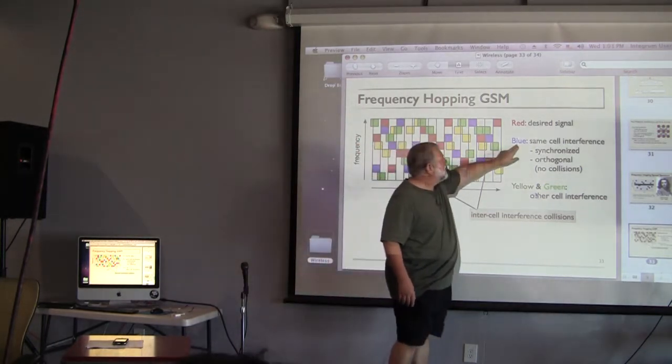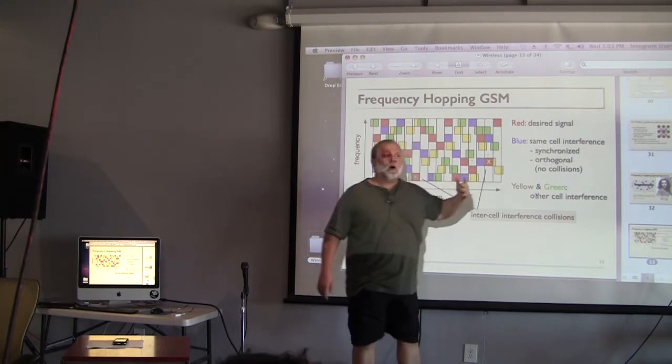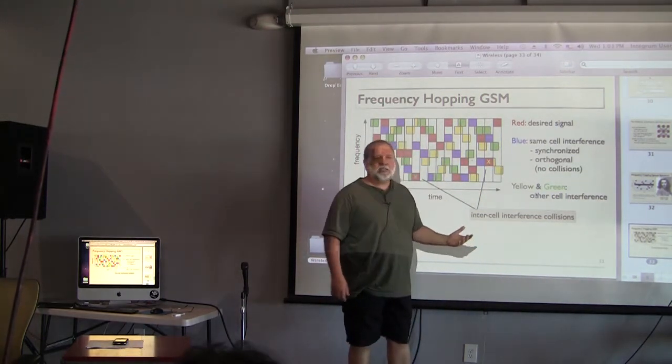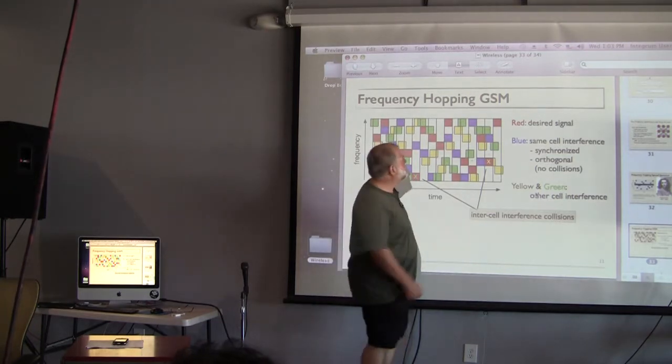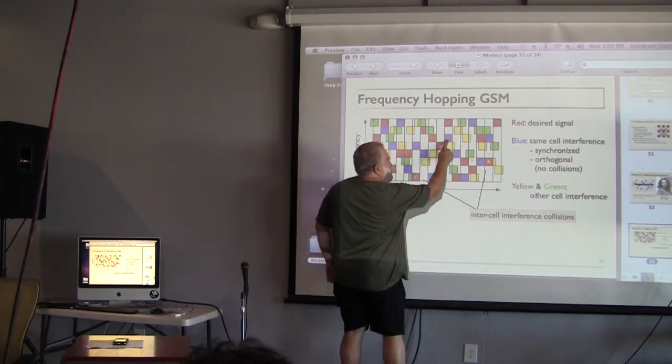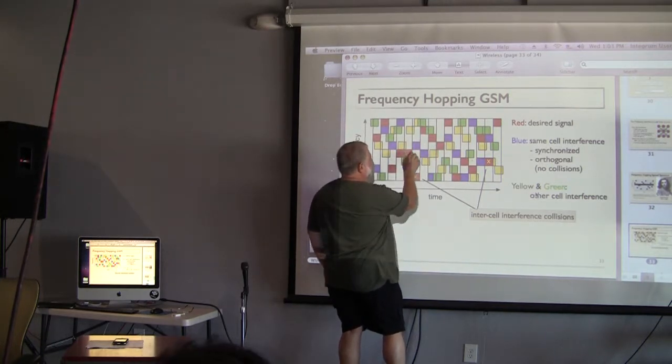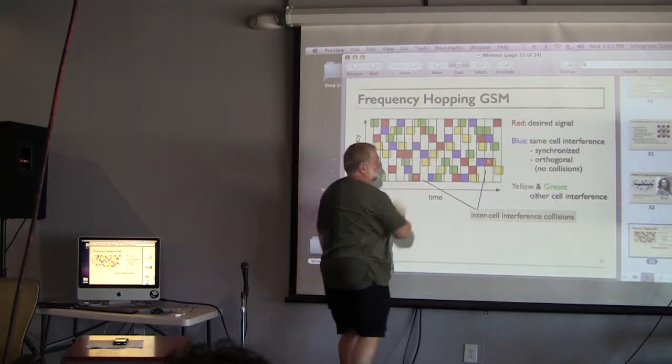The blue is another phone call from the same tower. If it comes from the same tower, it's naturally already synchronized. So you see how the red and the blue are lined up here. The red and the blue are always in the same slot.